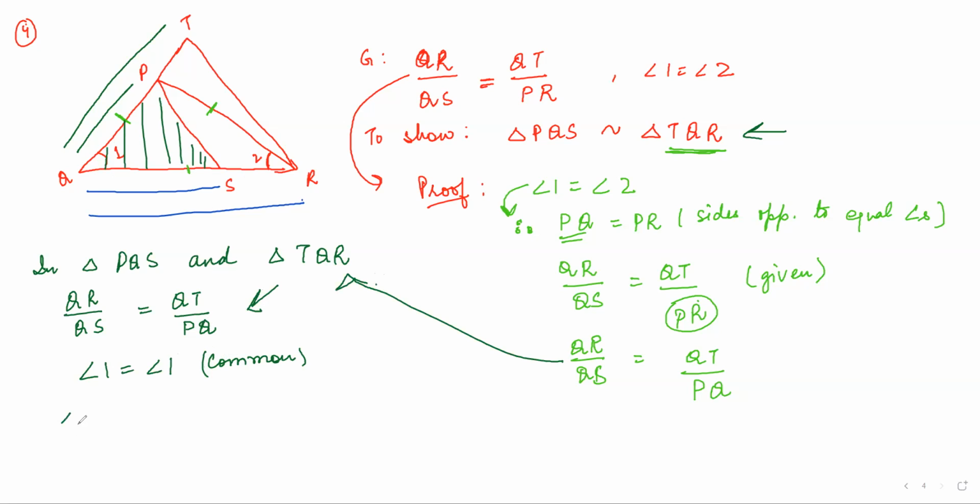So how will I write that triangle PQS is similar to triangle? Now see here, just a minute, how to name it. If I'm writing PQ this side, so I have to take this QT here, right?